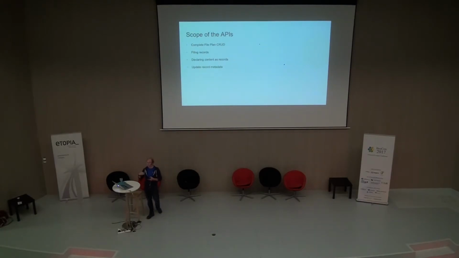And once that's set up, you can then file a record into it. You can edit metadata on that record, you can get that record content back. If you've got content elsewhere in the repo, you can declare that as a record using the APIs. And so we've designed them so basically you can do everything necessary to get the records into the system in the right place and with the correct metadata.